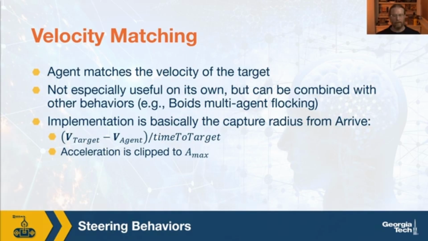So like an animal-like group behavior. And so this is basically what we did before with the capture radius. So it's just the target velocity minus agent velocity divided by the time to target. And then we will want to make sure that our calculated acceleration, that we'll test to see if it's too big. If that's past our maximum acceleration, then we will reset it or clip it so that it's only the maximum acceleration.